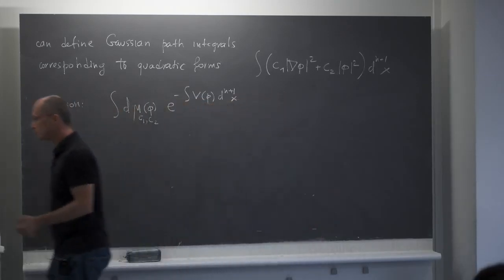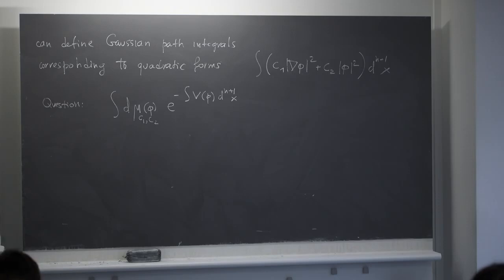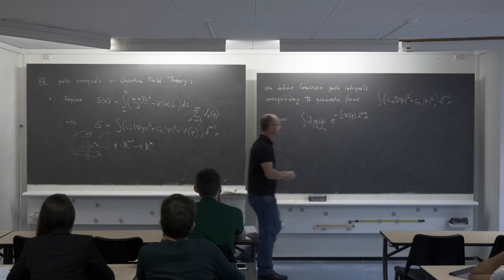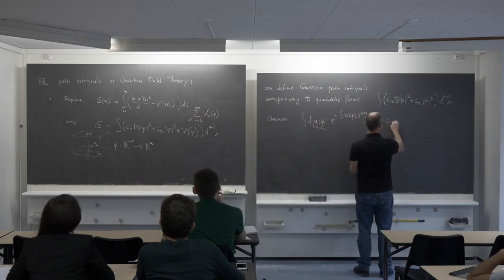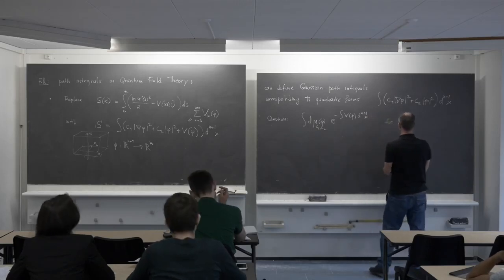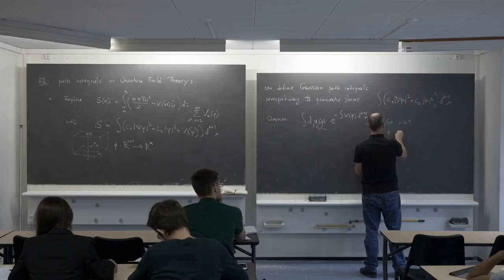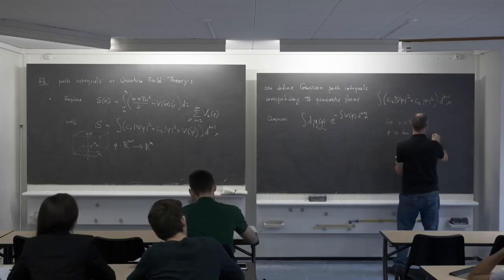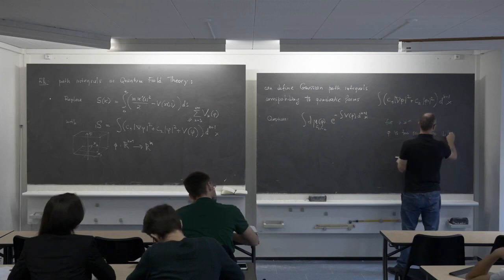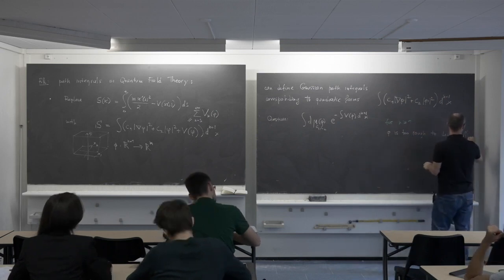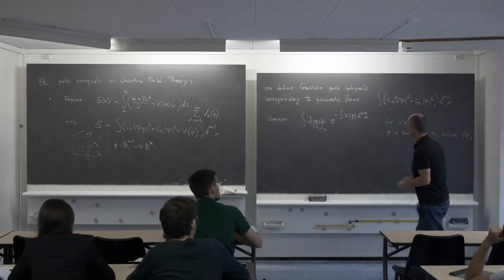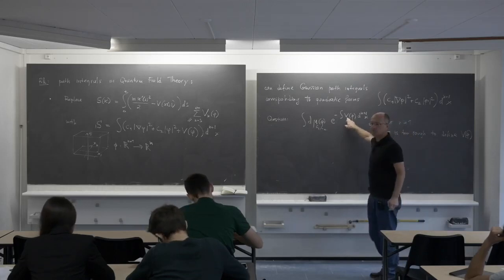The problem is that starting from n greater or equal than 1, that is, starting from two-dimensional field theory, phi is too rough to define V of phi. That becomes problematic.